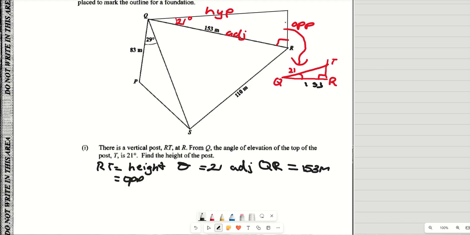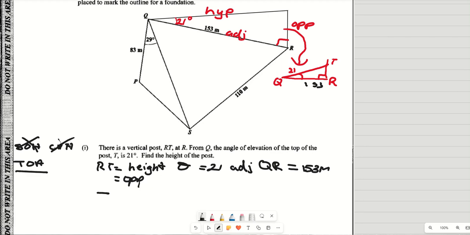Because it's 90 degrees, we're going to use SOH CAH TOA. We're looking for something that has adjacent as well as opposite. That would not be sine, because that has hypotenuse, not cos, so it will be tan.